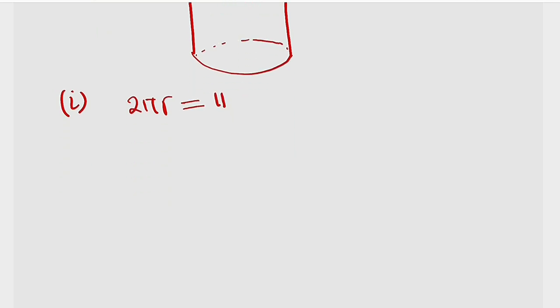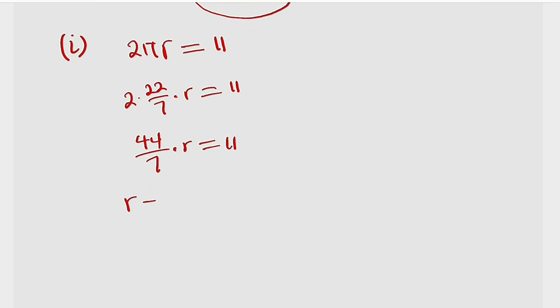So to find the radius, we know that pi is 22/7 according to Nigerian curriculum. So this is 2 multiplied by 22 divided by 7 multiplied by r, and this is equal to 11. This together we have 44/7. 44/7 times r equals 11. And to find r, we are going to multiply both sides by the reciprocal of this, which is 7/44.